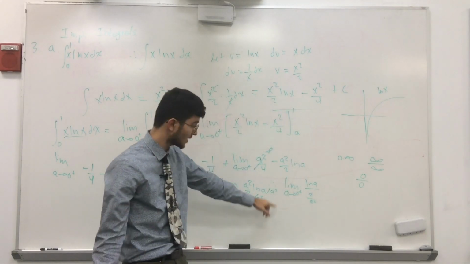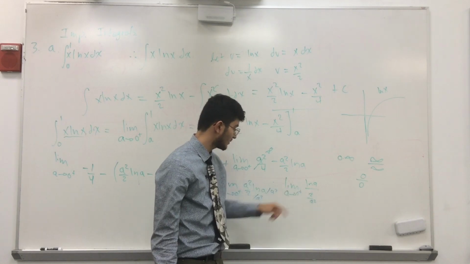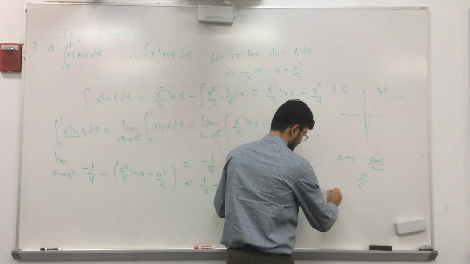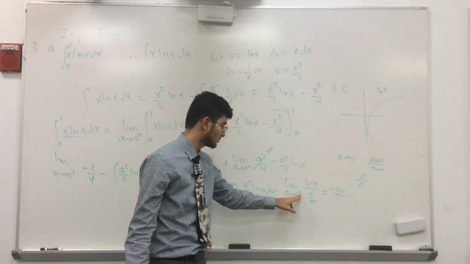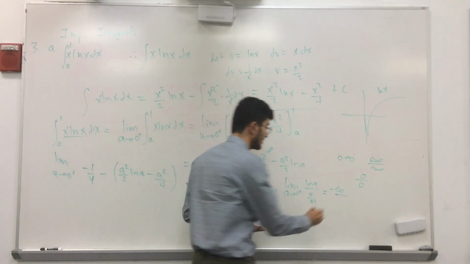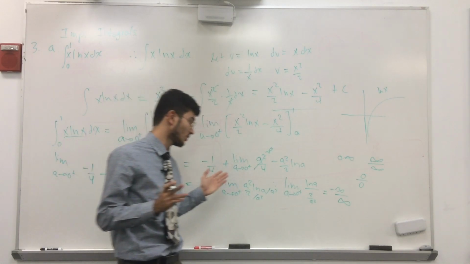Now when we substitute 0, we're going to get ln of 0 from the right, that's negative infinity, divided by 2 over a squared. And when we substitute 0 into a, we get 2 over 0, which is infinity. So we got infinity over infinity, which means we can apply L'Hopital's rule.